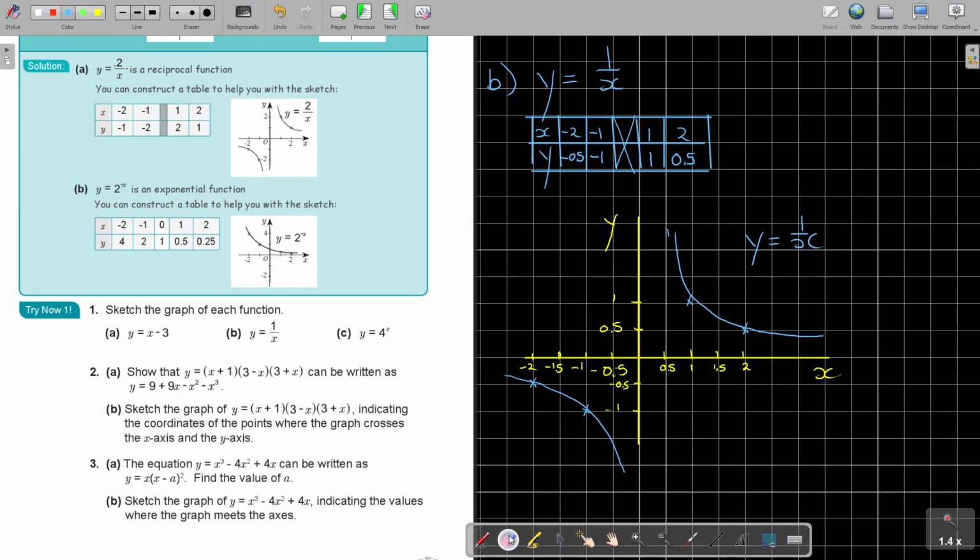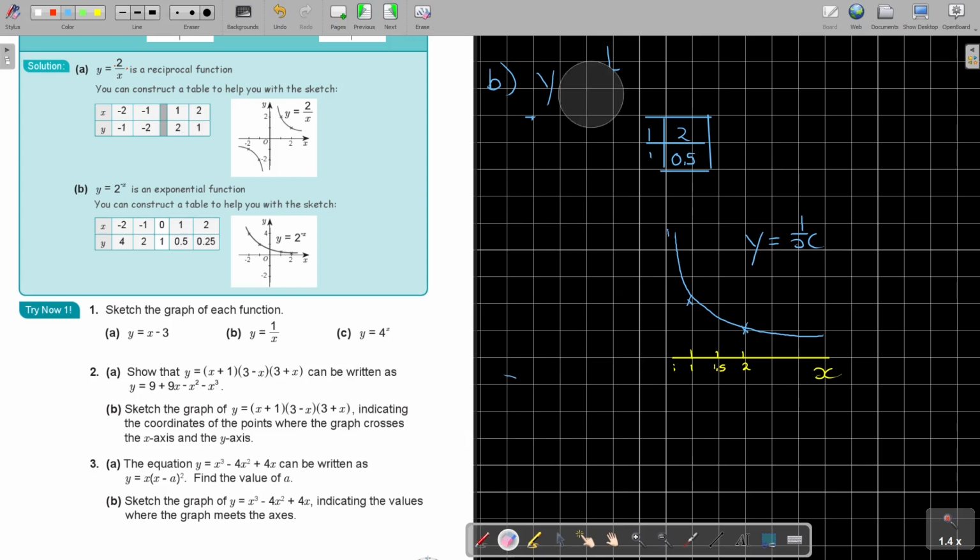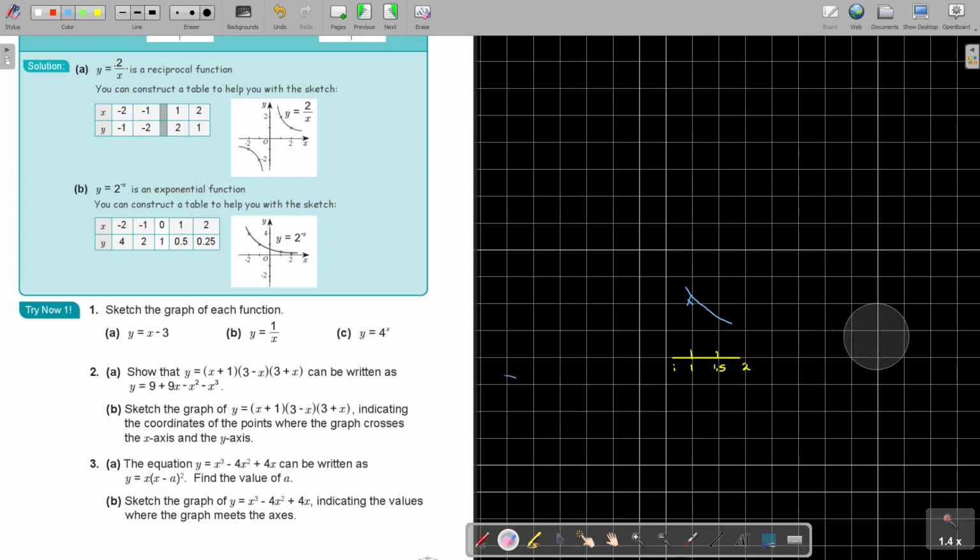Okay, let's go for the final one in this question, number C. And that is y is equal to 4 to the power of x. Okay, that's an exponential function.